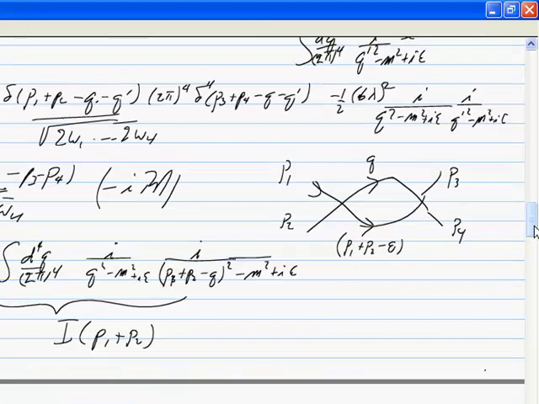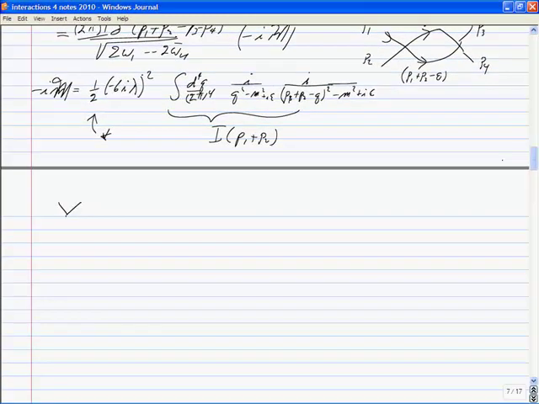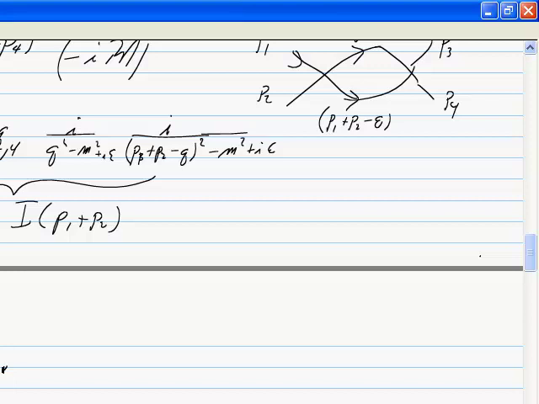So just a couple other diagrams we can see. If I did this diagram here, p1, p2, p3, p4, then minus iM is a 1/2 from the Feynman rule, minus 6iλ squared times the same function.